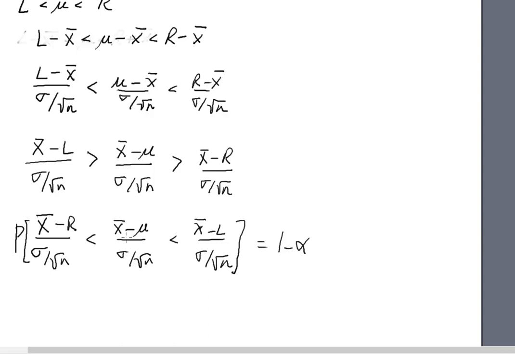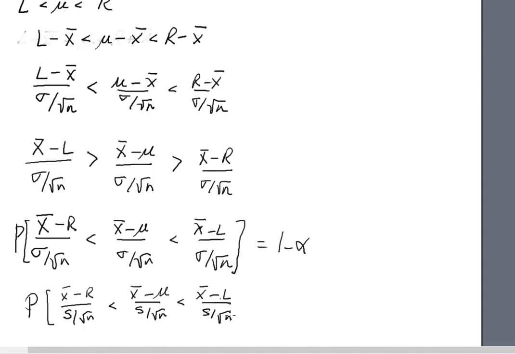If I do that, this is no longer a z. Let me write that down. P of x bar minus R over s root n less than x bar minus mu over s root n less than x bar minus L over s root n.